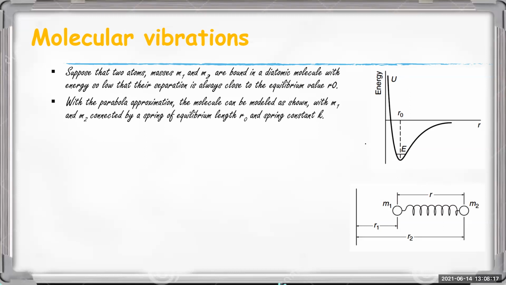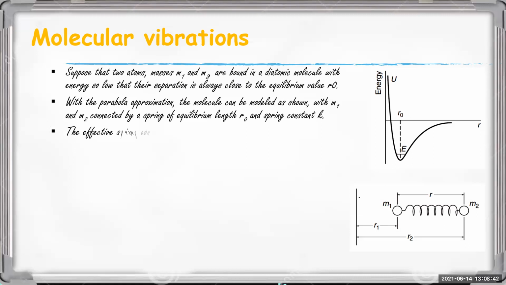With the harmonic approximation or parabola approximation, the molecule can be modeled as shown in the figure, with M1 and M2 connected by a spring of equilibrium length r0 and spring constant k.